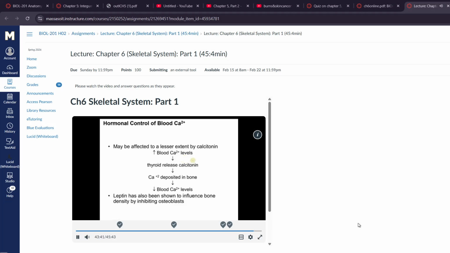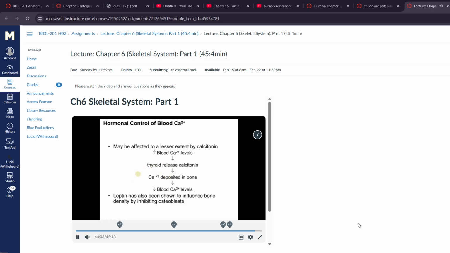Well, to a lesser extent, it involves calcitonin, which is another hormone. Now, calcitonin is made in the thyroid glands. So if the blood levels of calcium are high because you just drank a gallon of milk, then as the blood passes by the thyroid gland, it releases calcitonin. And calcitonin causes calcium to be deposited in bone.